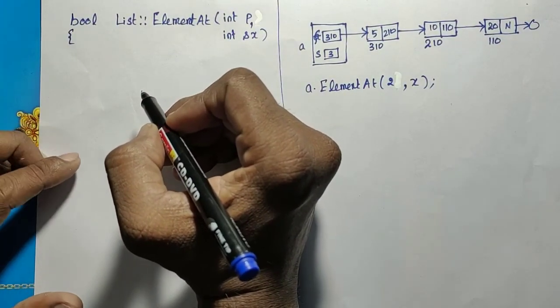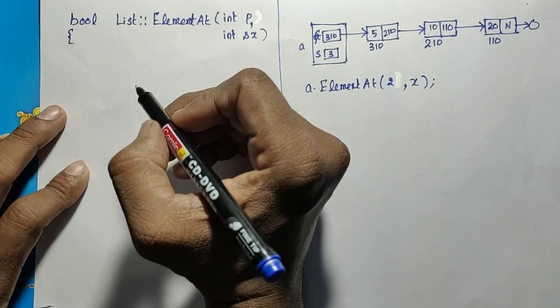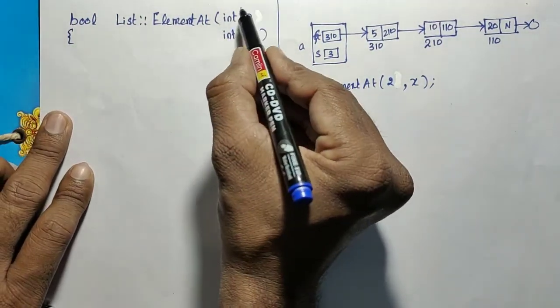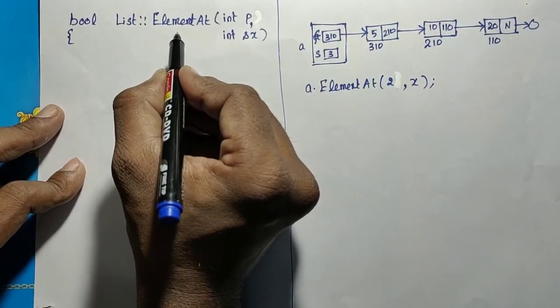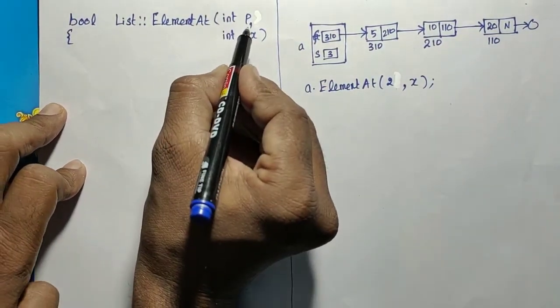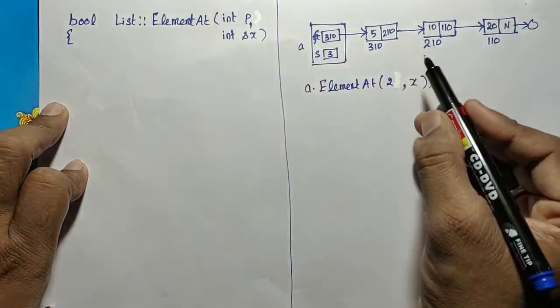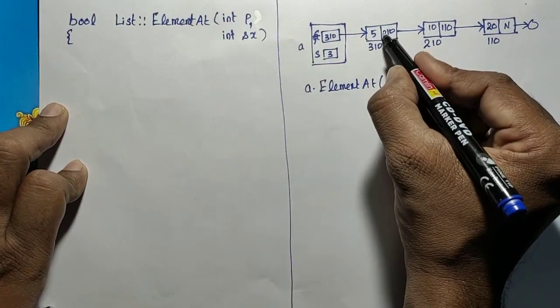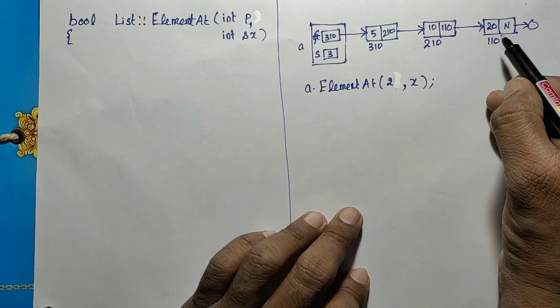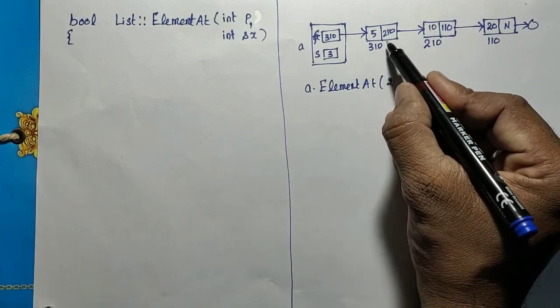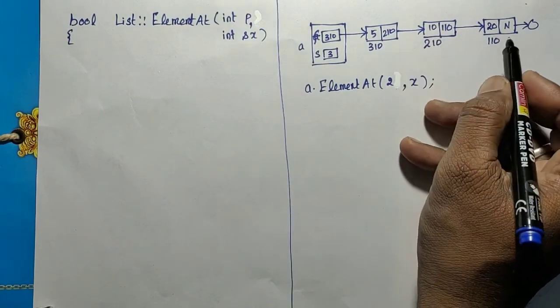If the list is empty, we cannot delete. Similarly, if the position is invalid, we cannot execute the element at operation. So what may the position be? For this list, this is the first one. We are not setting any explicit position here. We need to set this in the diagram. It is the first element, this is the second element, and this is the third element, like that.